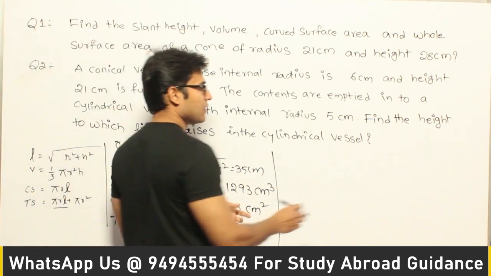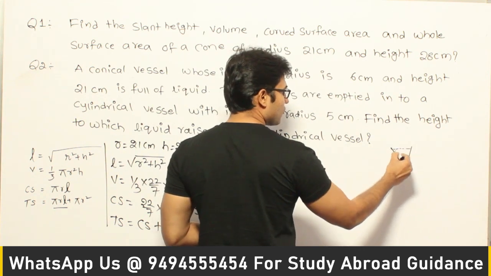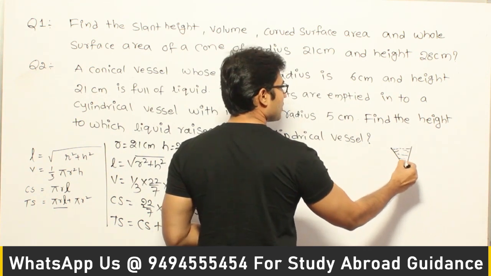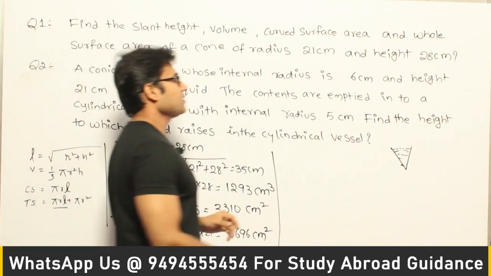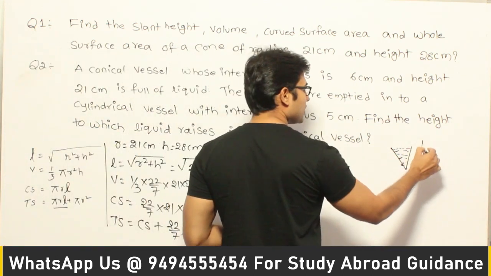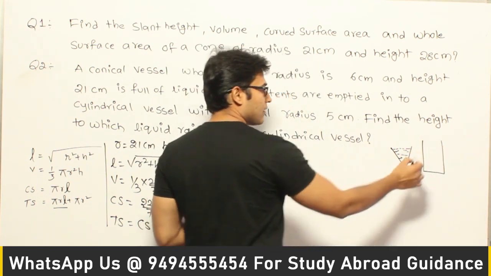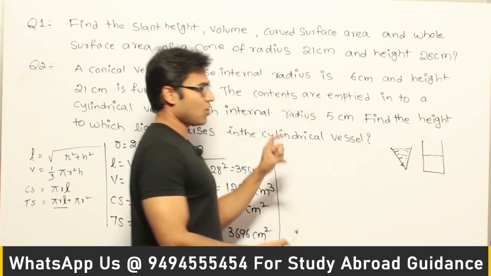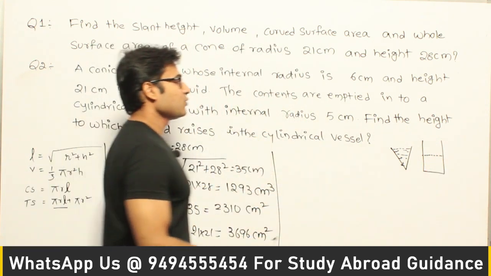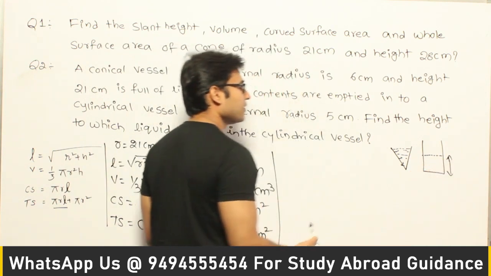So they are saying that we have a cone and this cone is full of some liquid, right? The contents, which means the liquid, are emptied into a cylinder, and it is going to rise to some height. Now they are asking what will be the height to which the liquid will be raised.